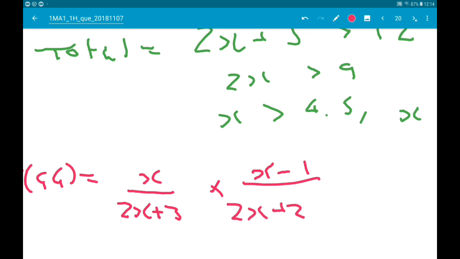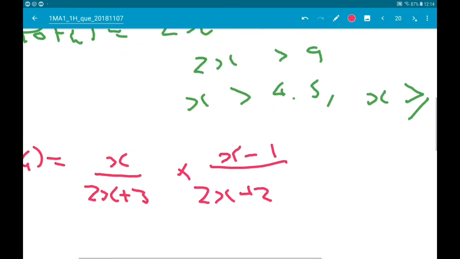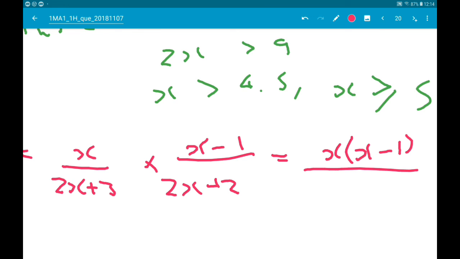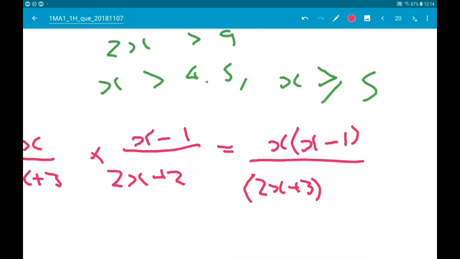So that's going to be x times (x minus 1) over (2x add 3) times (2x add 2).